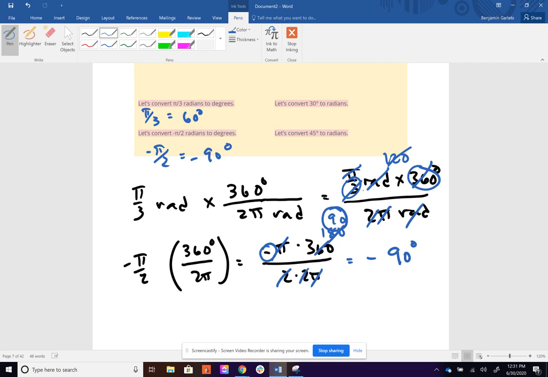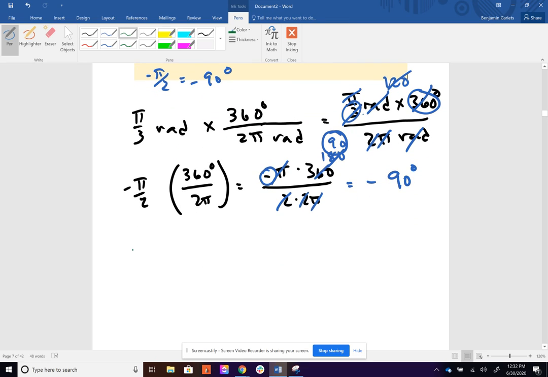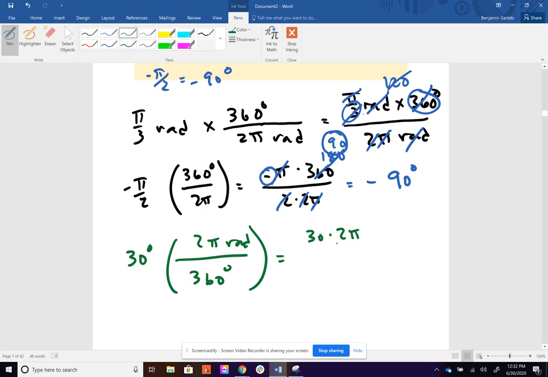And so we can use the same conversion factor to go from degrees to radians. So let's go from degrees to radians. If I'm dealing with this first one that says 30 degrees, I want my degrees in the denominator now because I want to end up with radians. So I'm going to get 30 degrees times 2 pi over 360 degrees.